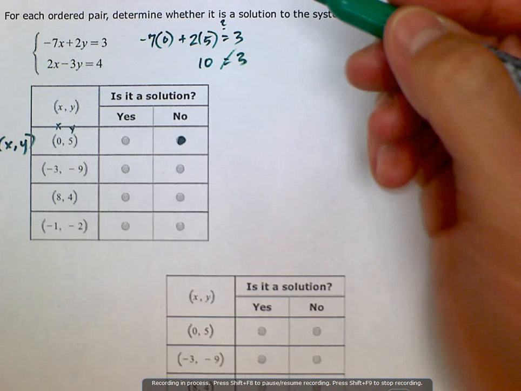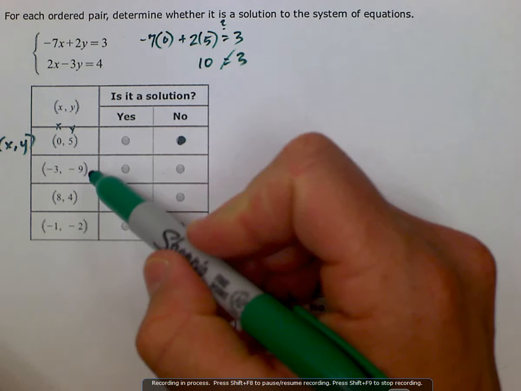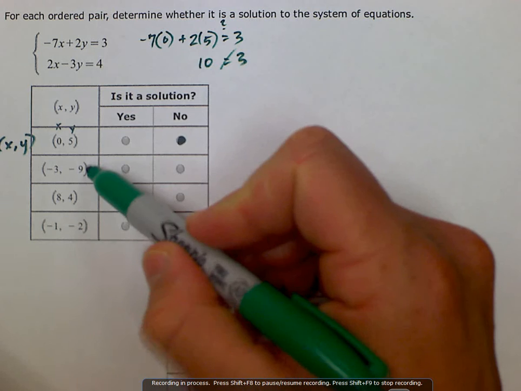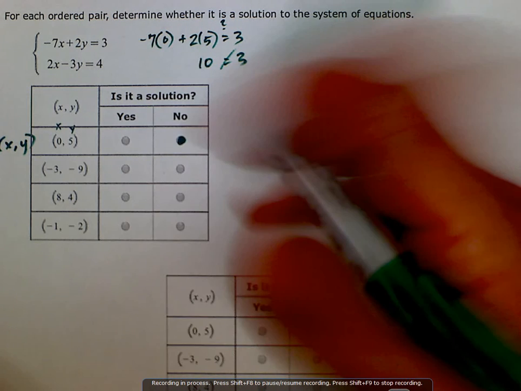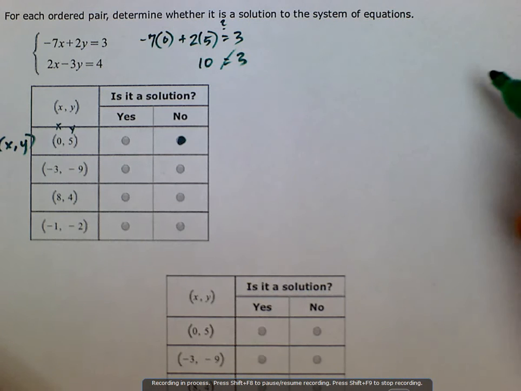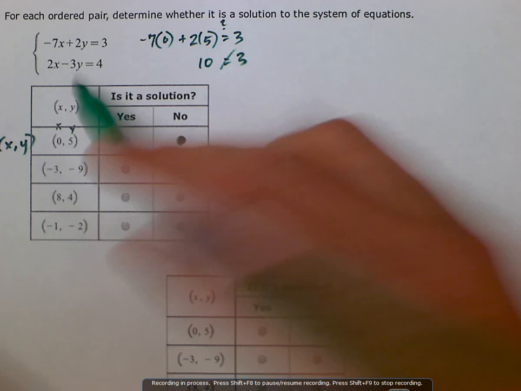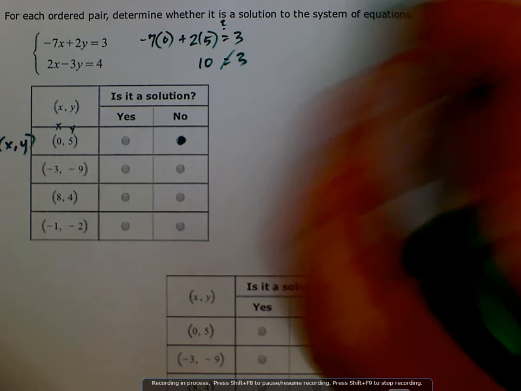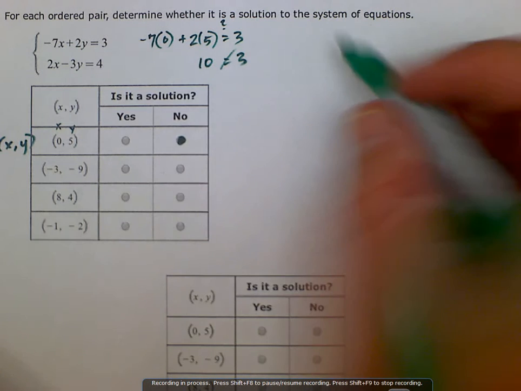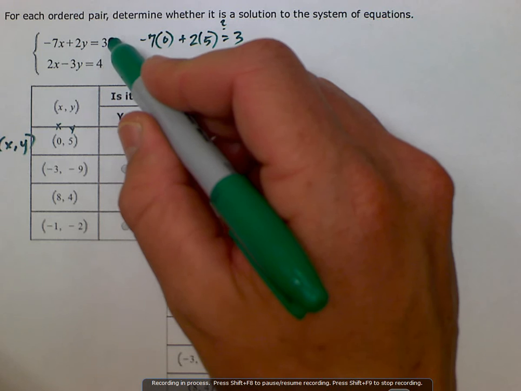Now, the other way we could go about it is just solve for the solution. We could continue to plug these in to see if they work, or I could just solve the system and see what the solution is. Well, I could do that via substitution, or I could do it via elimination. So I'll go ahead and put this in y equals mx plus b form first to solve for y, to isolate one of my variables.